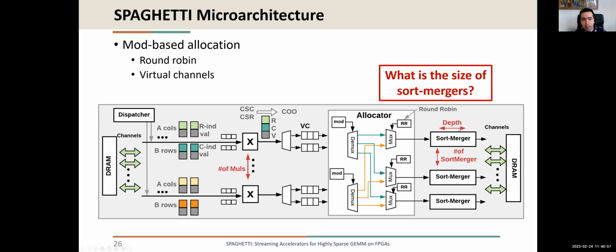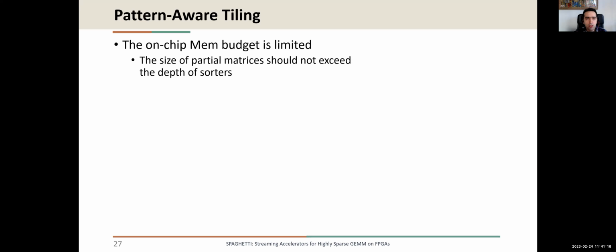They cannot exceed the depth of the sorters and mergers that we have in our accelerator. We have to tile the matrices in a way that the size of the arrays won't exceed this depth. This is the second part of our framework, called pattern-aware tiling.